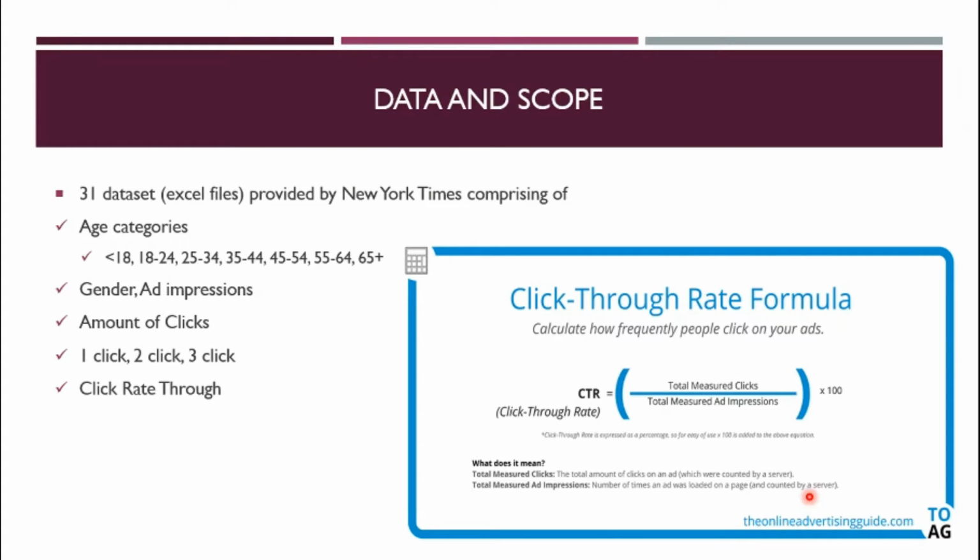Every time that ad loads on the web page, the server counts an impression. If we click on the ad twice, it counts as 2 clicks, and if we click once, it counts as 1 click. However, no matter how many times you restart or refresh the page, every time that same ad loads onto the page, it makes an ad impression. I hope you understand.